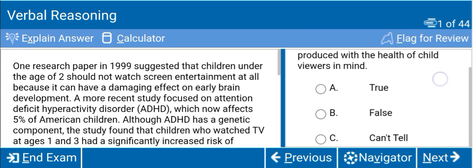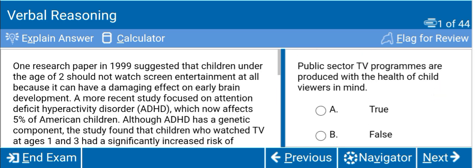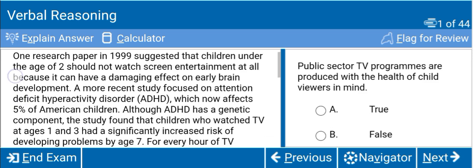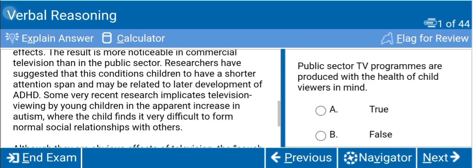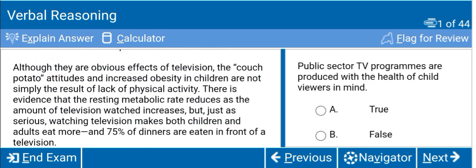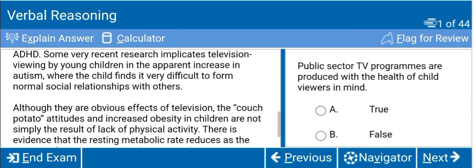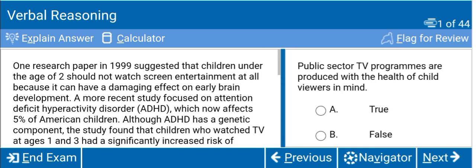So here we have our first question. In this section we have 44 questions and we are at question number 1 out of 44. We have these passages which you can read first and then find your answer. But you can save your time without reading the whole paragraph.